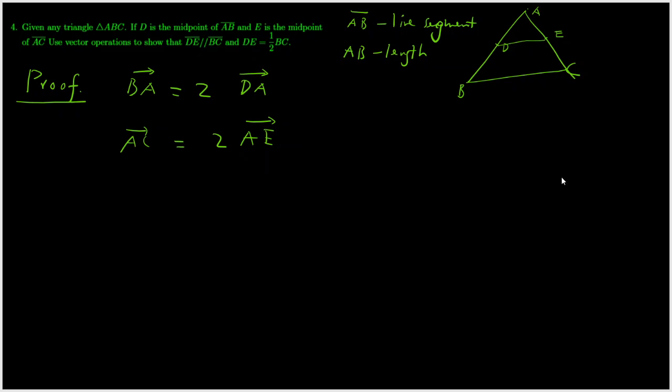Now I want you to tell me a relation between AB, BC, and AC. What is the relation between the vector BC and the vector BA and the vector AC?